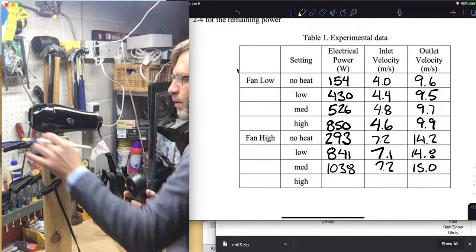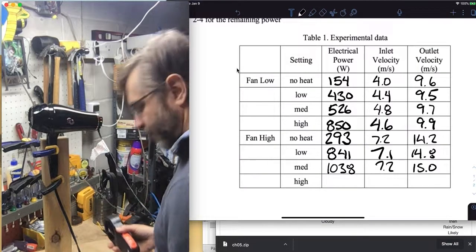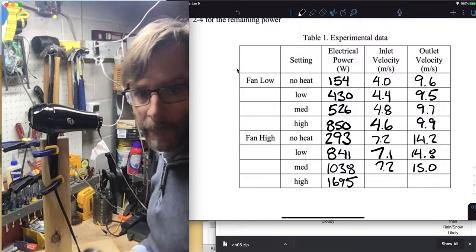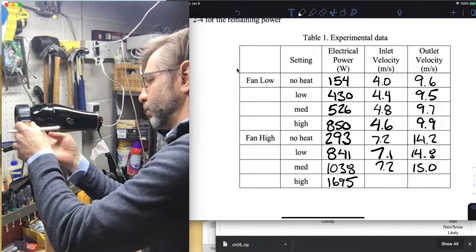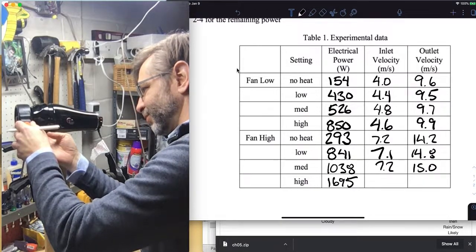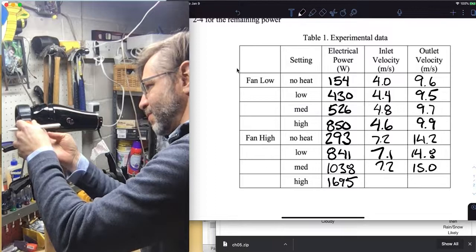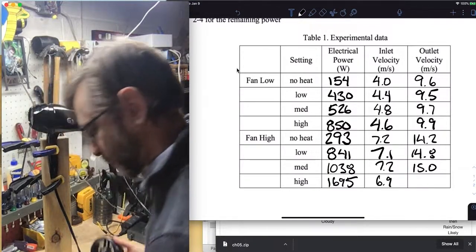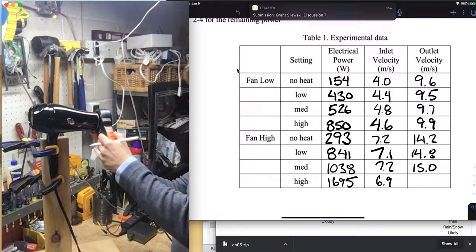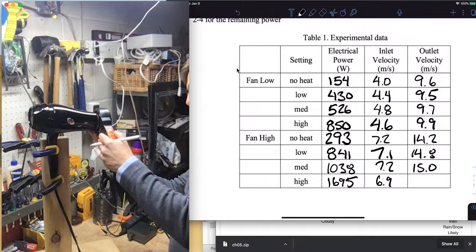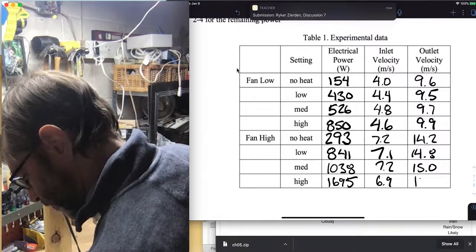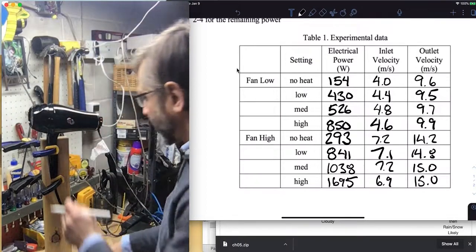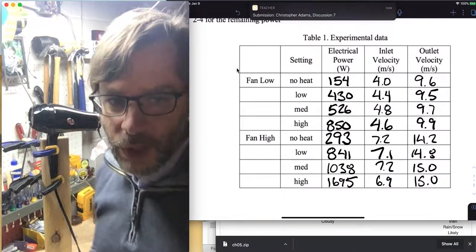And one more setting. All right, great. So we just took all the data that we need here.